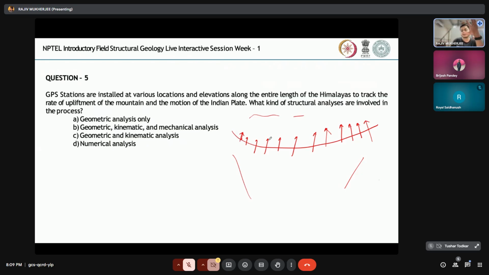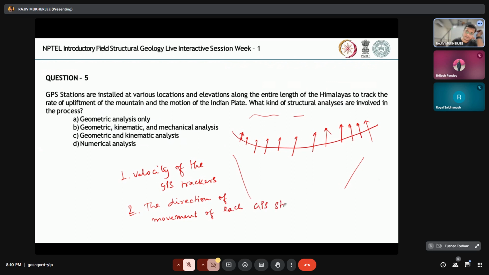Now there are two important aspects. One is the velocity of the GPS trackers, and number two is the direction of movement of each GPS station, right?